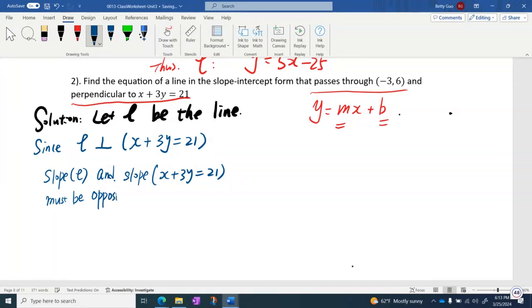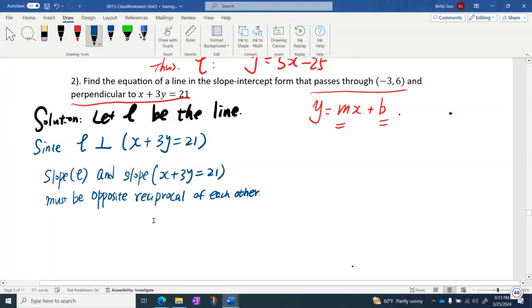Opposite reciprocal of each other. Okay? Yeah.